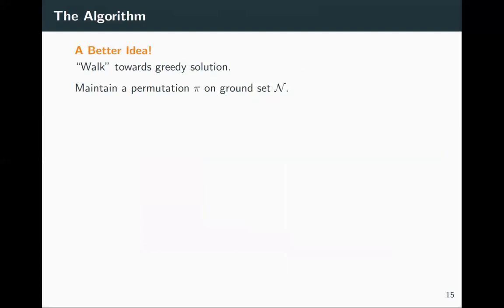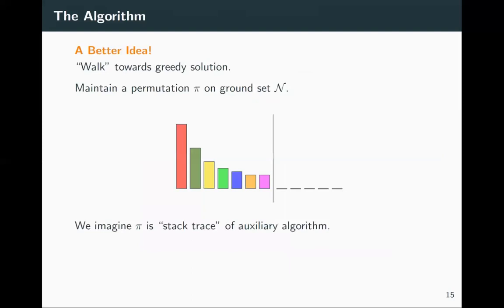What do I mean by that? We'll run an algorithm that maintains as its state a permutation pi on the ground set. So in our minds, our algorithm is maintaining a picture as in the last slide. And we'll think of this permutation pi as the stack trace or the history of some offline algorithm.